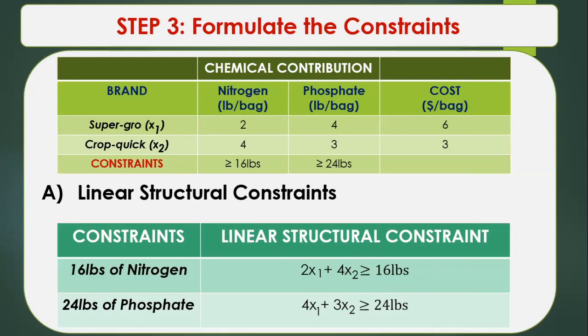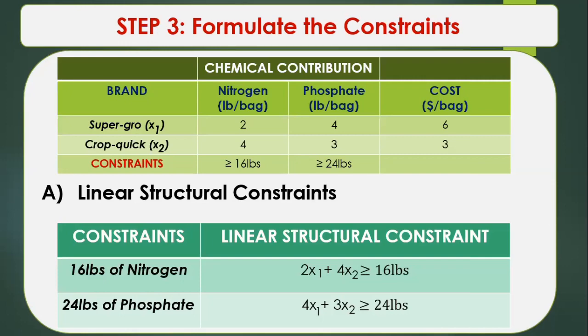Under constraints, 16 pounds of nitrogen, in the second column of the tabulation above, you have nitrogen. Therefore, if we formulate our first linear structural constraint, that would be 2 times X sub 1 plus 4 times X sub 2 greater than or equal to 16 pounds.